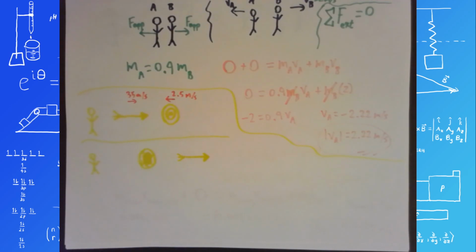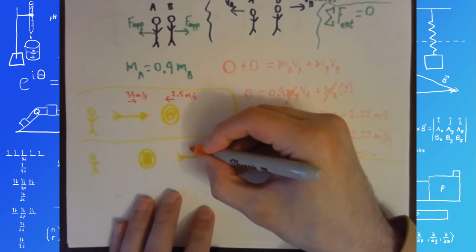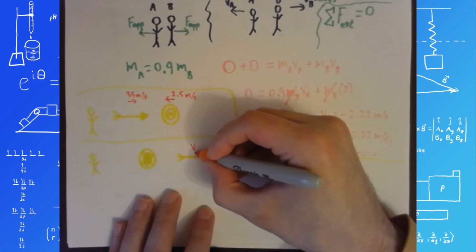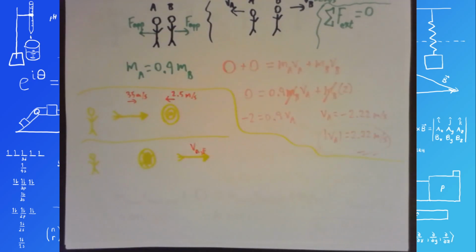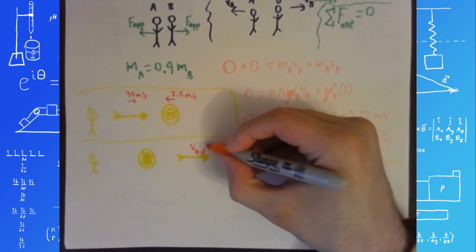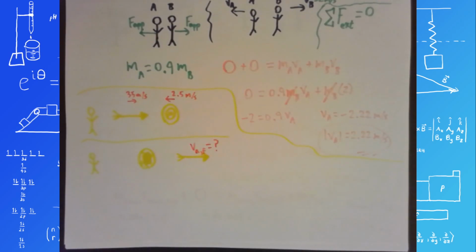The target comes to a complete stop. What is V arrow final? I'll call it V A final. Okay, let me write down the other details first.